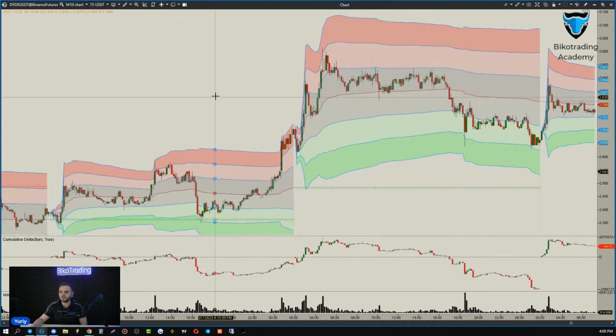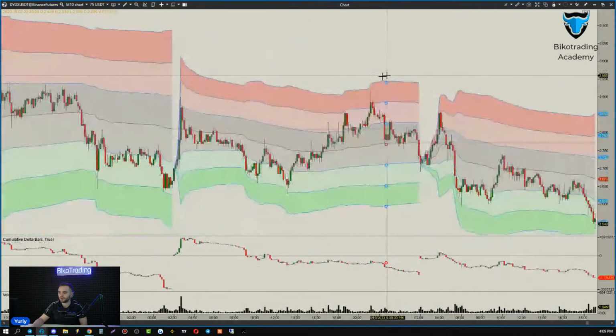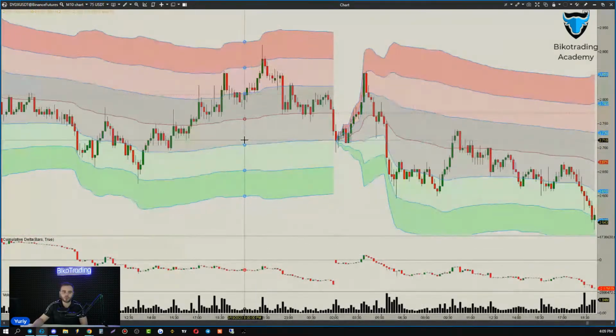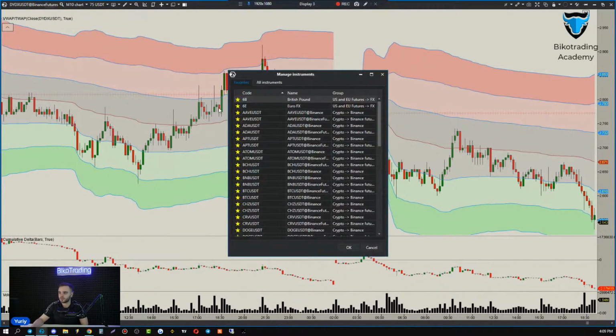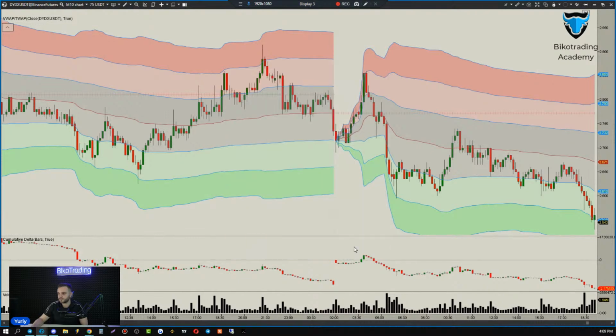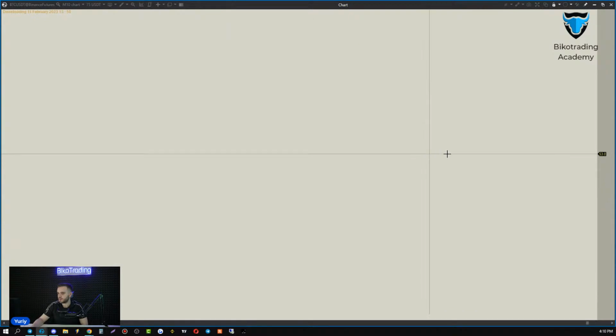At this moment in front of you, you can see the VWAP indicator of DIDEX. Let's open VWAP beta of BTC. One moment, it's uploading.